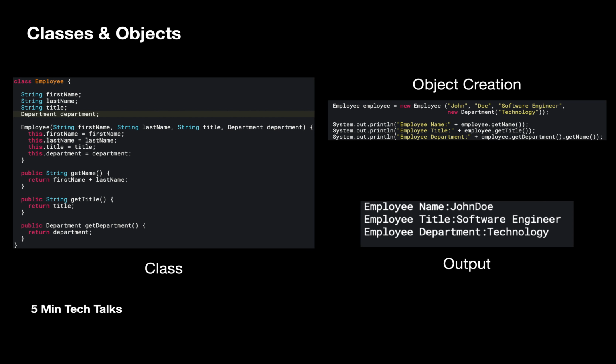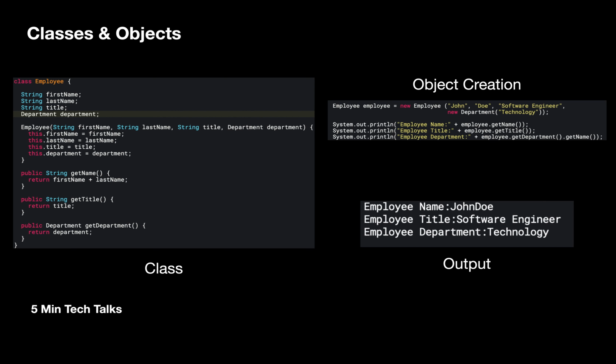A class can be considered as a template for object creation. Again, in this example here, there's a class called employee with properties for storing first name, last name, title, and department, a constructor which accepts the values for these properties and sets them to the corresponding properties in the class, and then the getters to return the value of these properties.